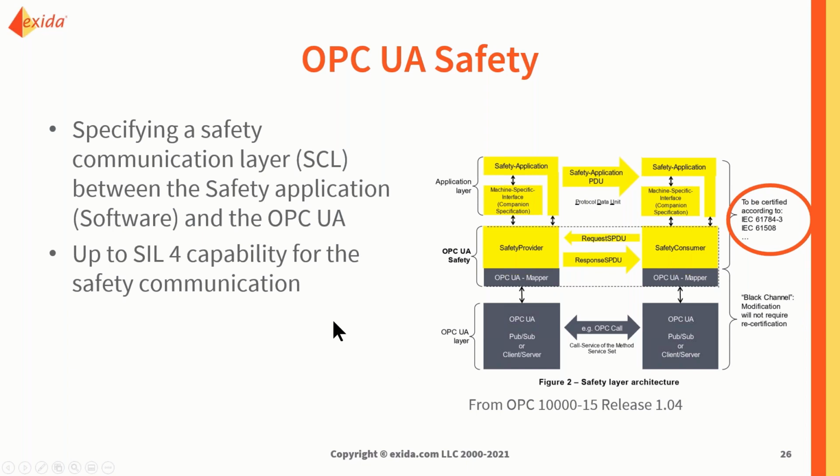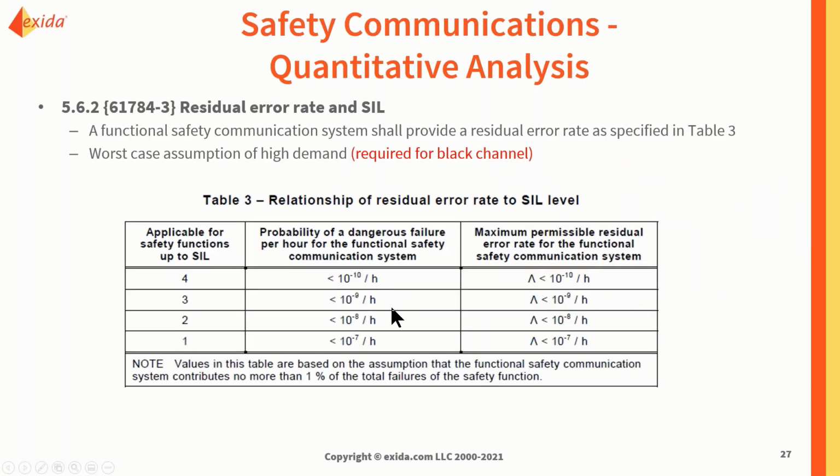And because of this, within the OPC standard, they allow up to a SIL4 capability for safety communications. However, getting to SIL4 is not an easy task, because there's a concept of residual error rate in relation to SIL within the IEC 61508 standard.